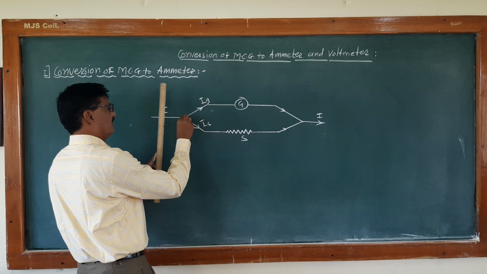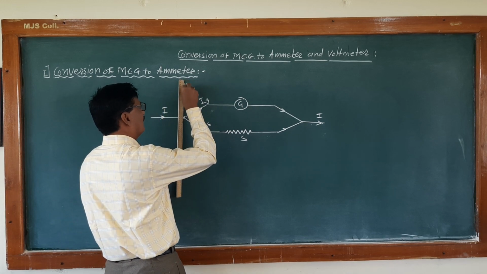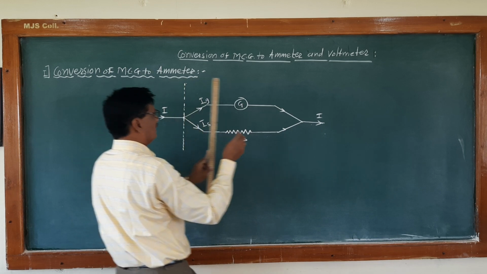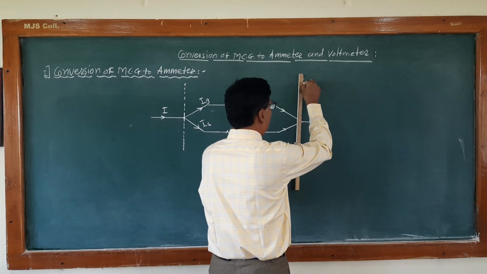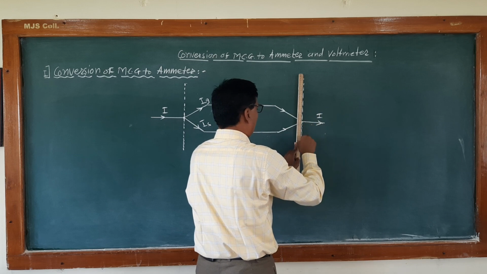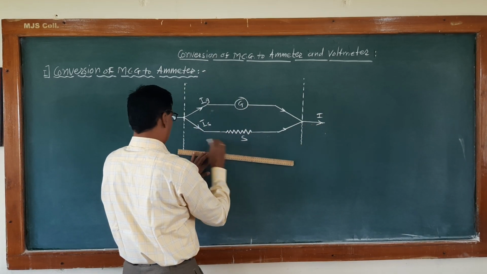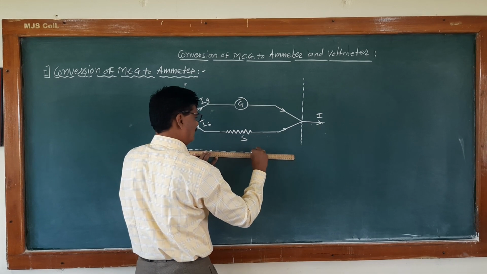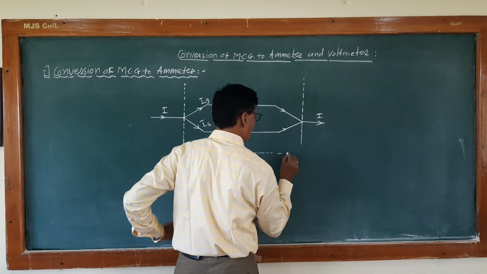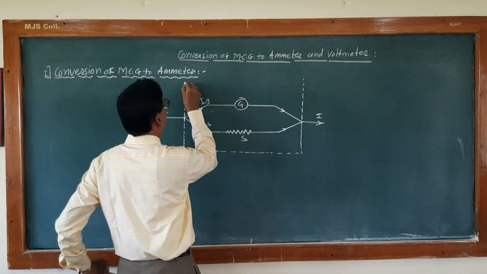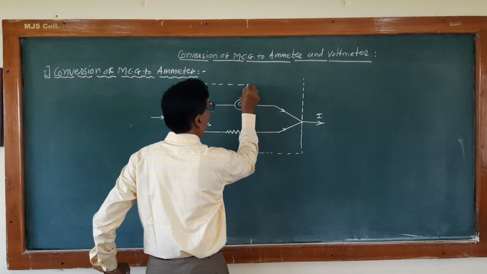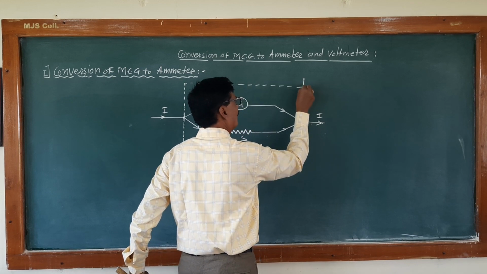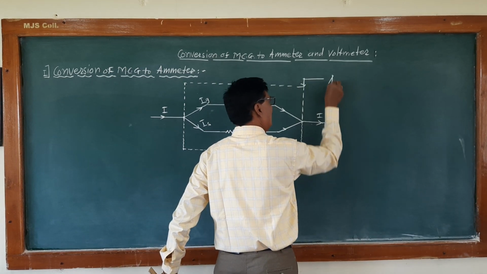Suppose this is my point A, and this whole circuit is called an ammeter.